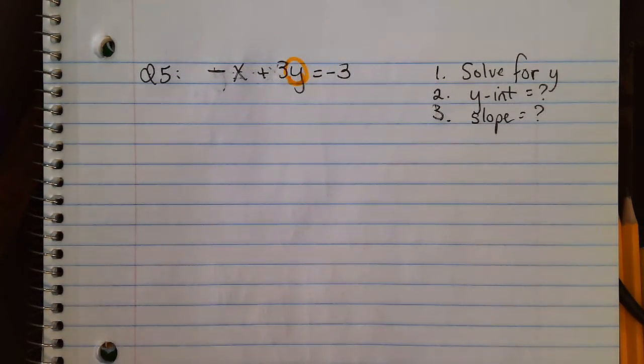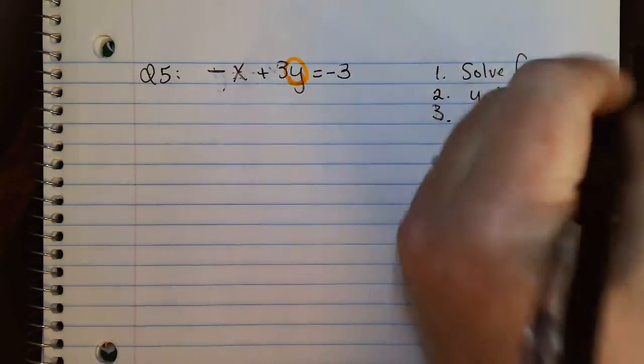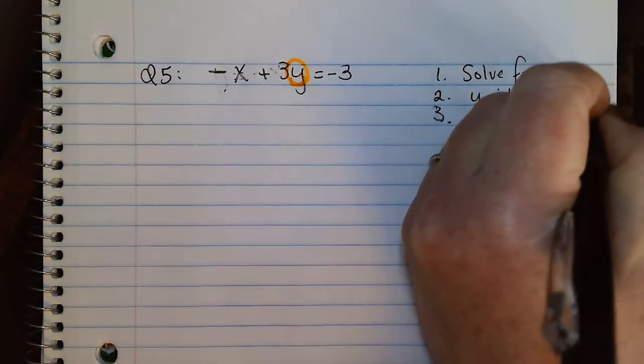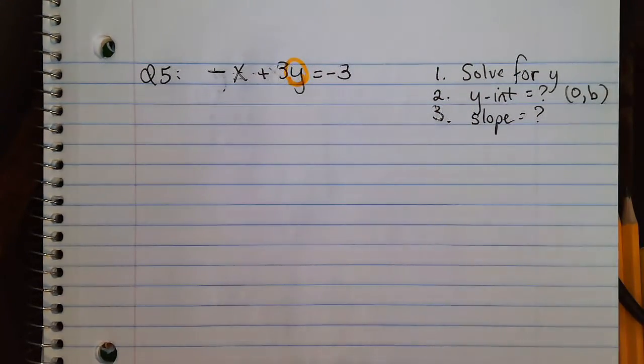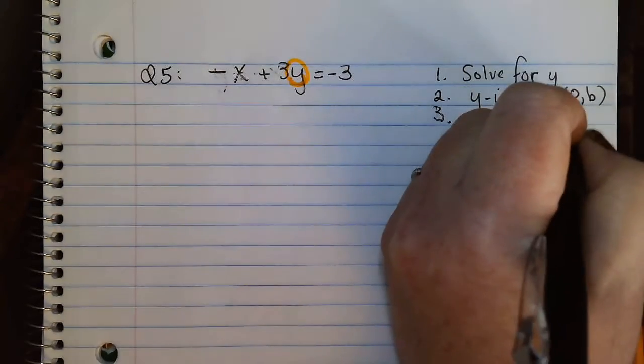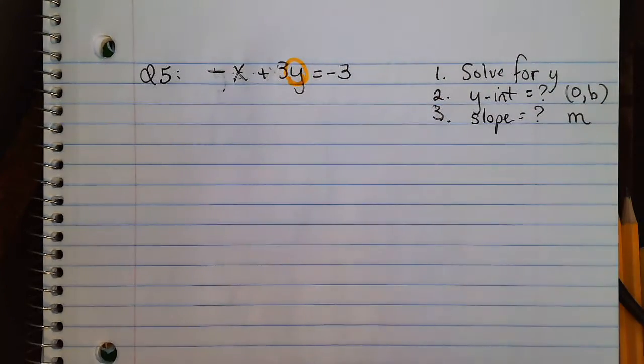The second thing we're going to do is identify the y-intercept, which we do need to write as an ordered pair. And then the last thing we're going to do is identify the slope, which is just the coefficient of our x. It does not include x, it's just that number attached to it after we solve for y. So we can't get that information yet. We need y equals first.